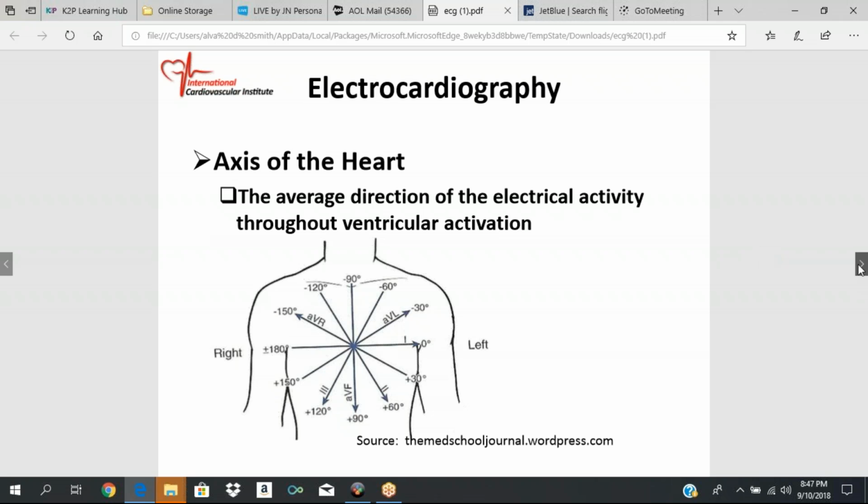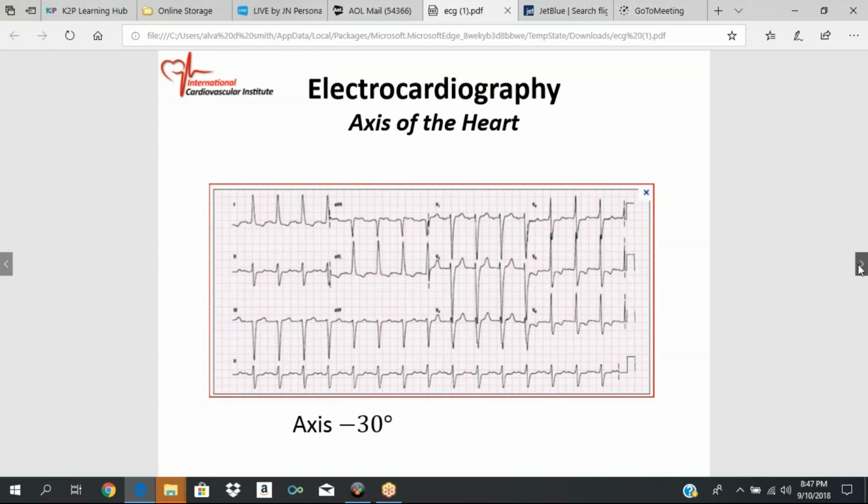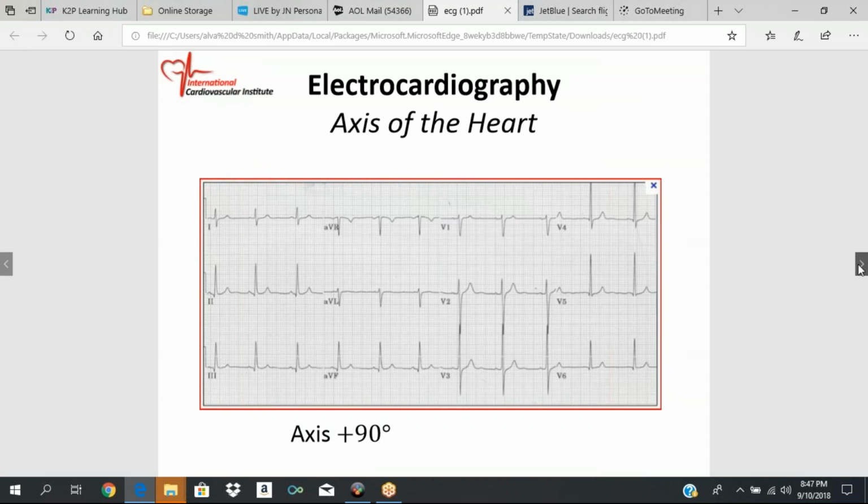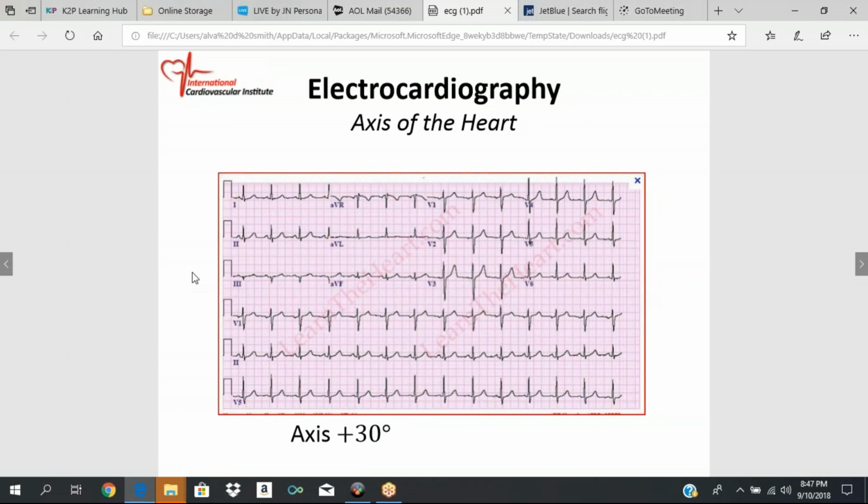All right? So let's determine our axis. All right, so we say that the most isoelectric is lead 3. Perpendicular to lead 3 is AVR, but AVR is not positive. AVR is negative.